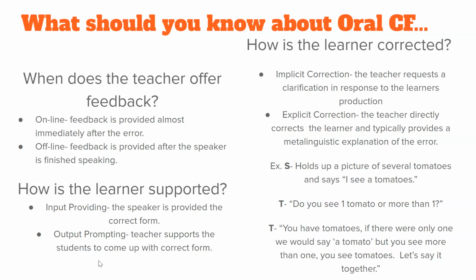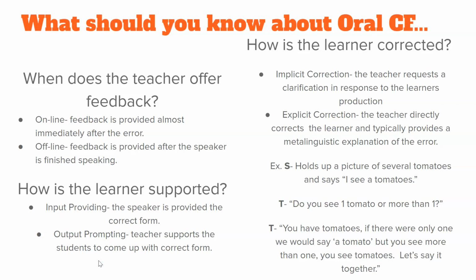Okay, so I'm going to use an example. The student is given a picture card, and they hold up a picture of several tomatoes on the card, and the student says, "I see a tomatoes." Okay, so an implicit correction would be the teacher saying, "Do you see one tomato or more than one tomato?"